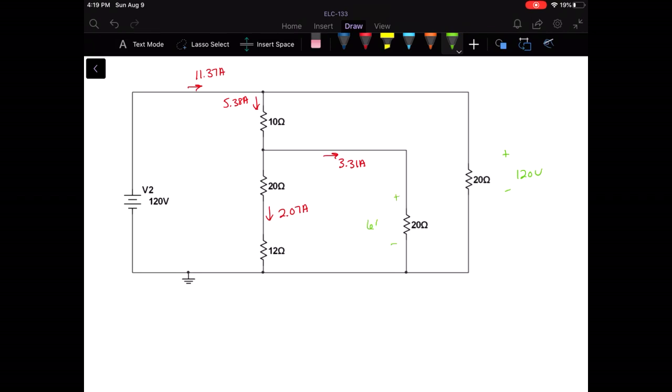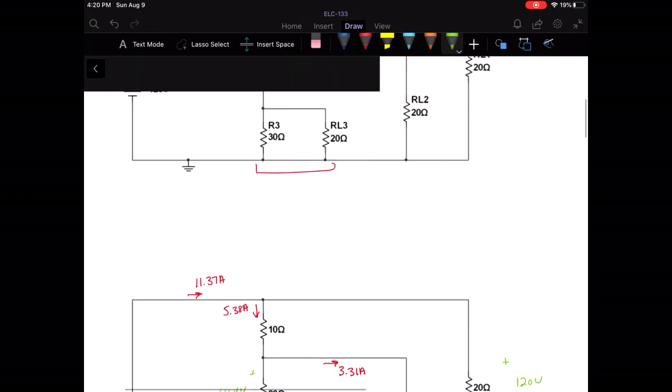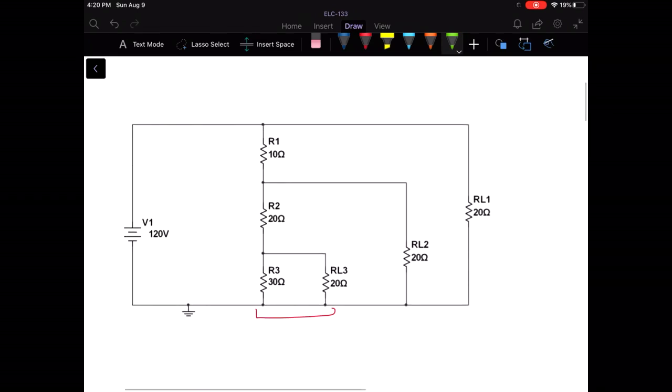This didn't change either. Now we need the voltage drops across our 20 and our 12. So 20 times 2.07 is 41.4, and 2.07 times 12, 24.84 volts. Okay, well, the final level right here, we're just going to transfer everything we've learned up to this point.